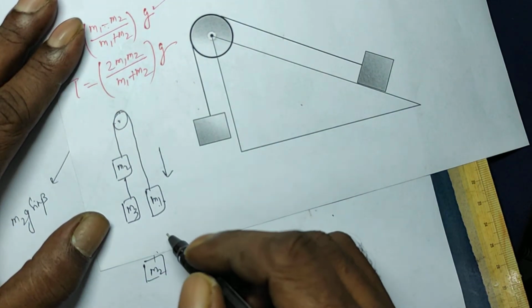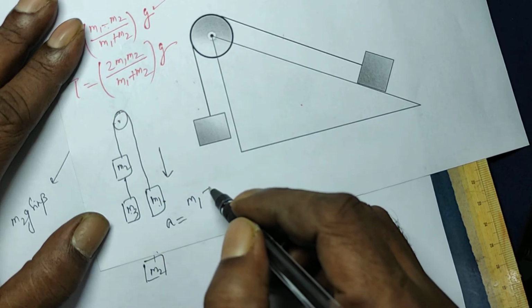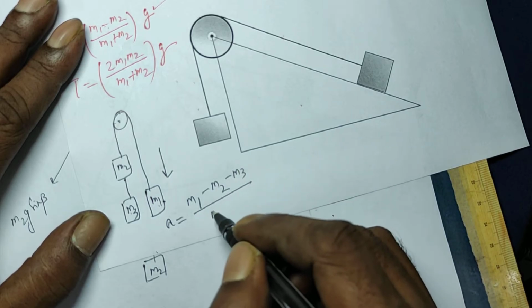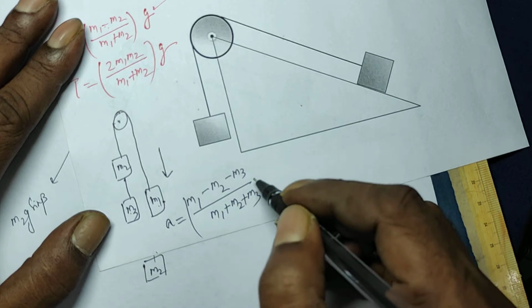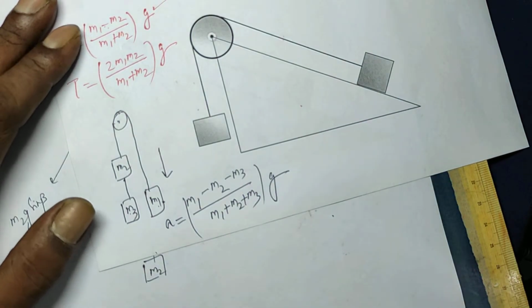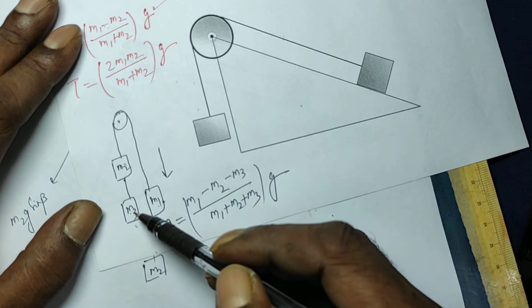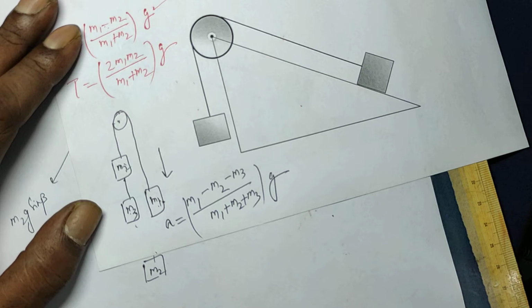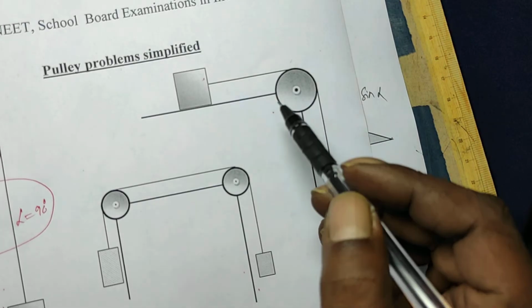So this is trying to come down, and these two are opposing. So you can write straight away: M1 minus M2 minus M3 over the total mass M1 plus M2 plus M3, times g. If this side is coming down, then you can write (M3 plus M2 minus M1) over (M1 plus M2) times g.